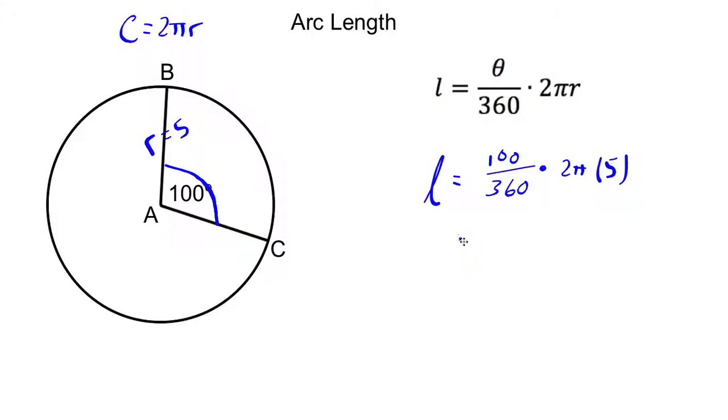So reducing this, I get 5 over 18 times 10 pi. This cross reduces, so this 10 becomes a 5, and this 18 becomes a 9. So I end up with 25 pi over 9, and because we're talking about a distance, if this is feet, then we'll say this is feet as well.